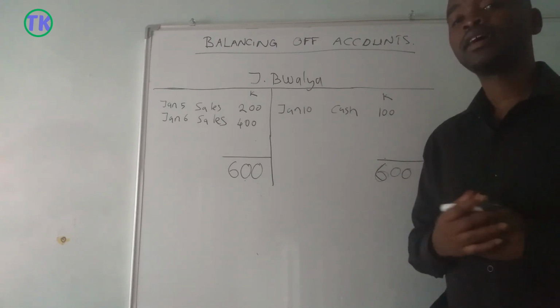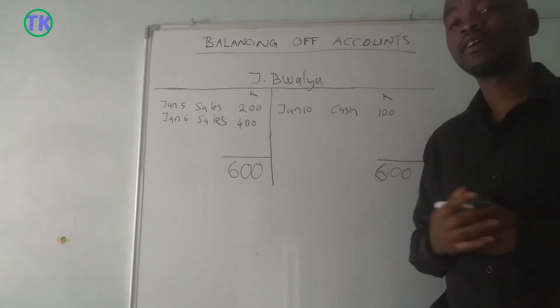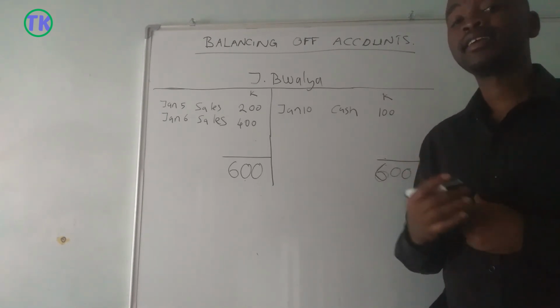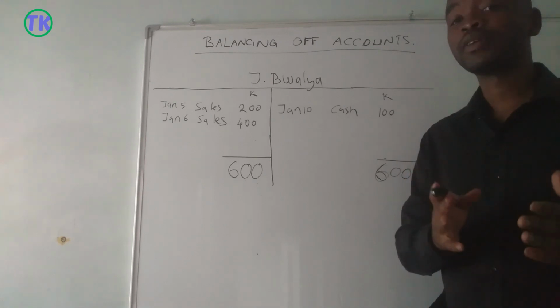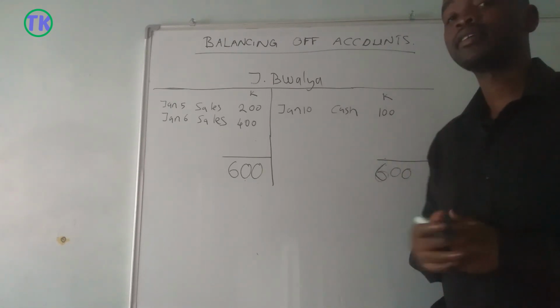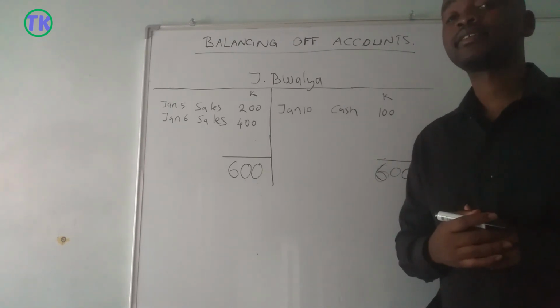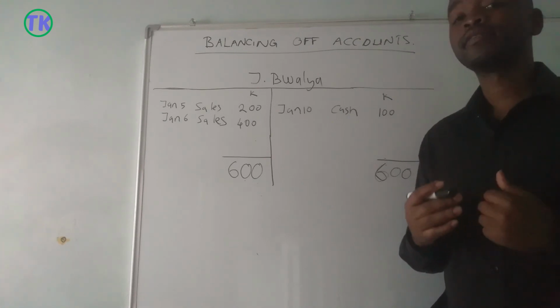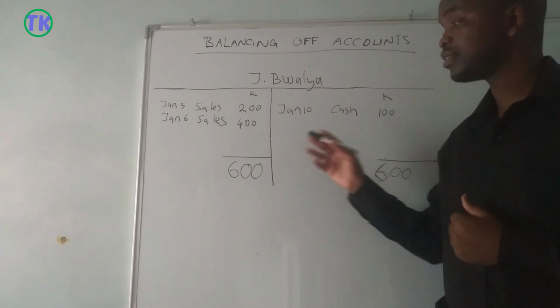Whenever we are entering the balance carried down, the date that we put is the last date of that accounting period. In this case, this business closes on the 31st of January. So that's what we indicate there.